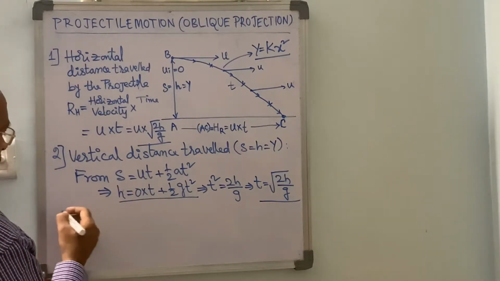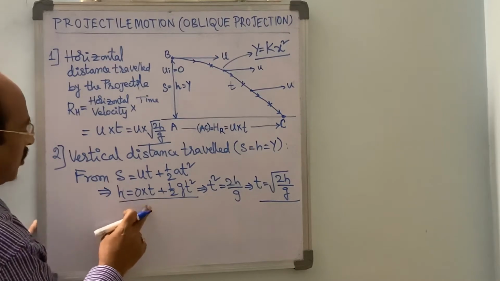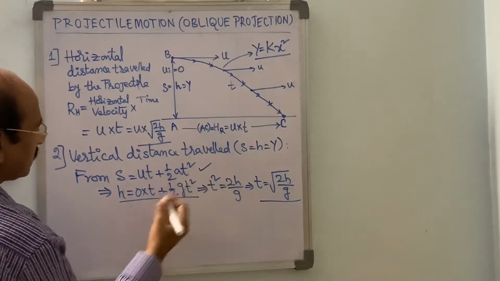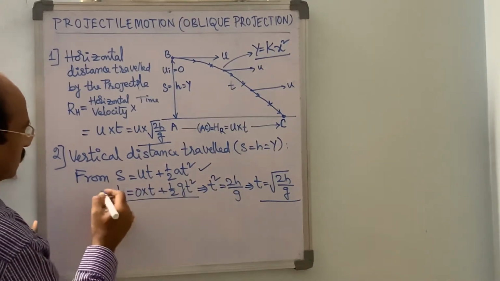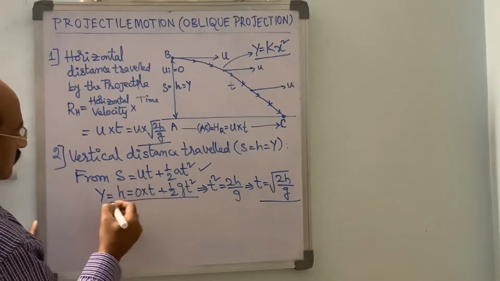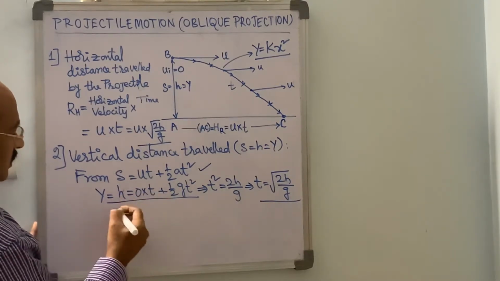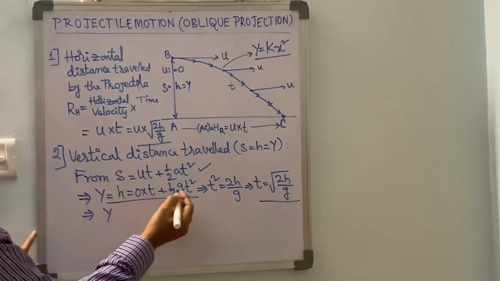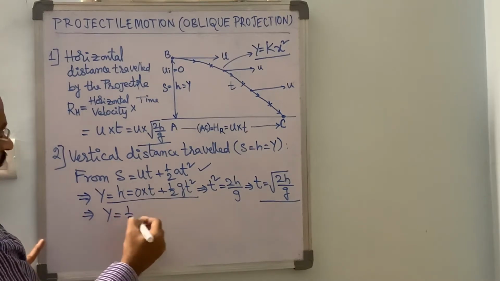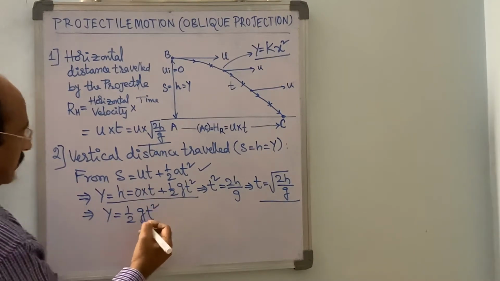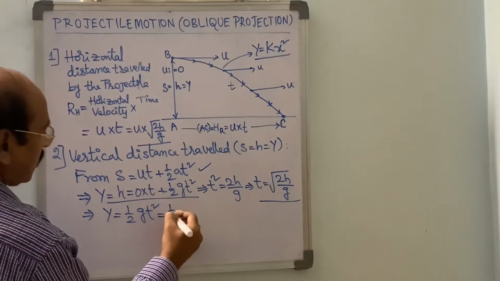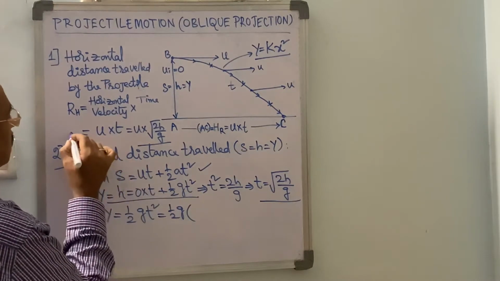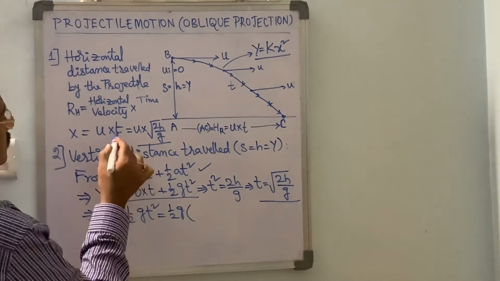Therefore, to show that the path of the projectile is a parabola, here h or s equal to y equal to half into g t square, where t is equal to x by u.